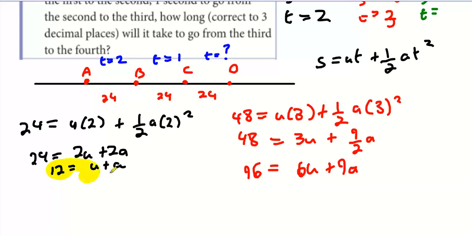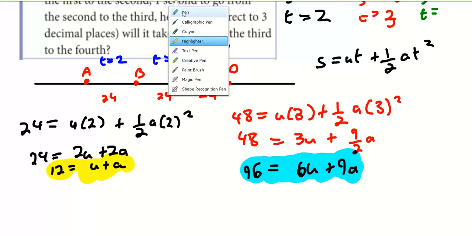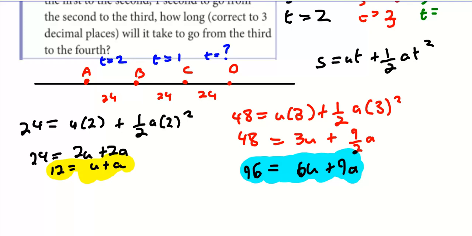Now we have the yellow one and the blue one. I'm going to multiply the yellow one by -6 and take it away. So the yellow one multiplied by -6 and do it that way. So I'm going to get -6U minus 6A equals -72.